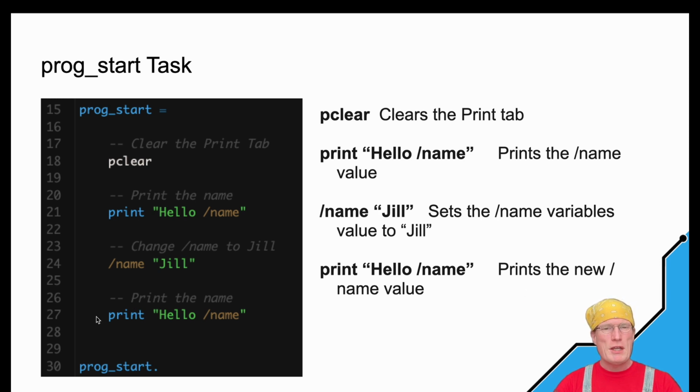When we come down a bit further to an identical print statement, the same as this one, when we ran the program it prints hello Jill. That's because in the line above it, we changed the value of the name variable to Jill.